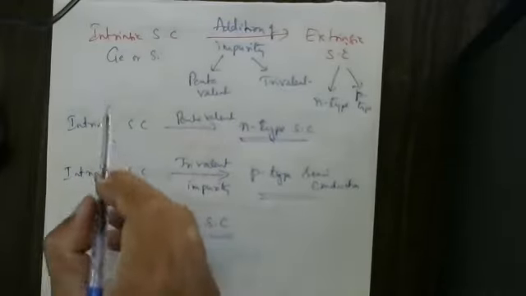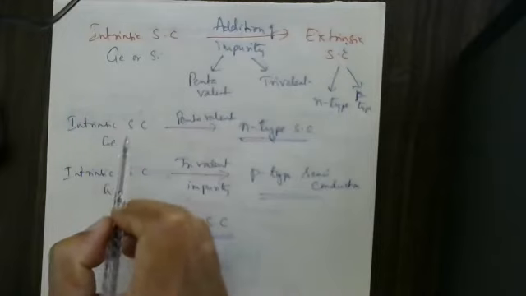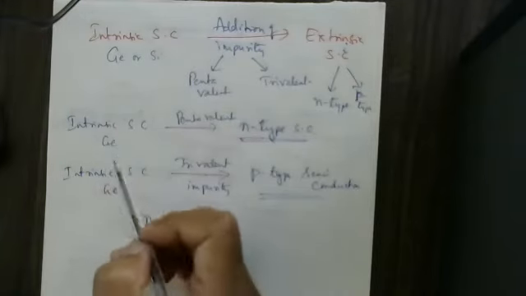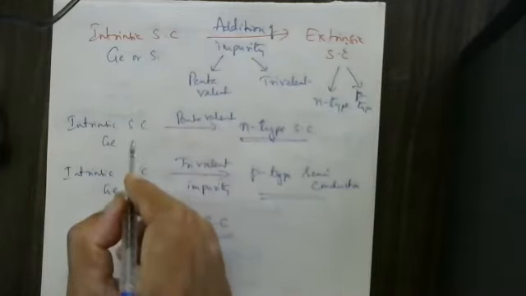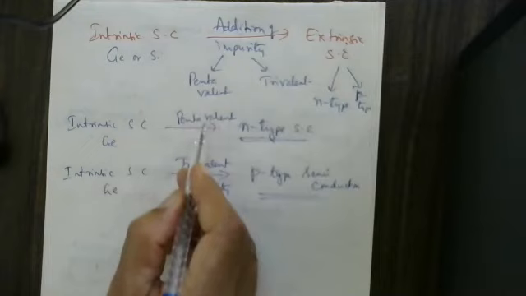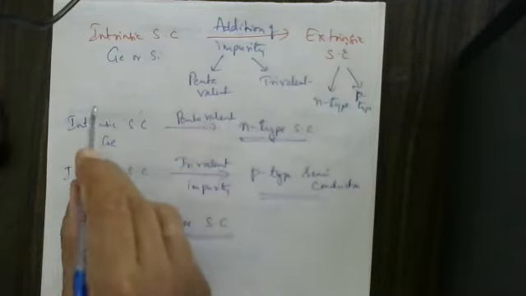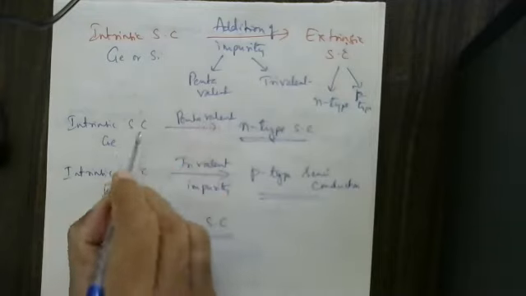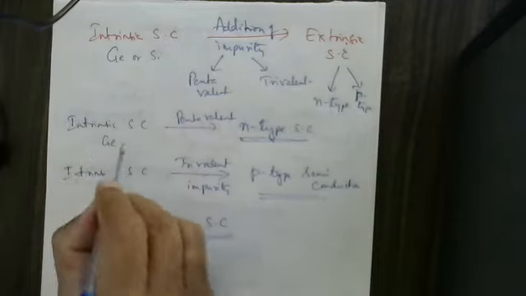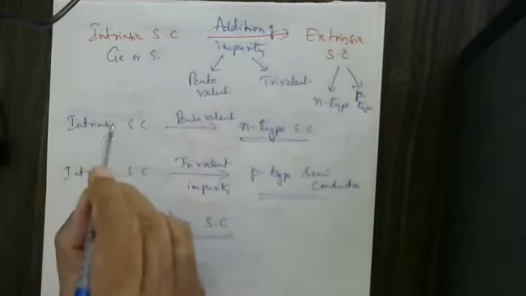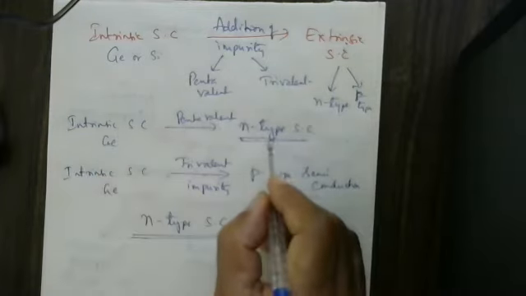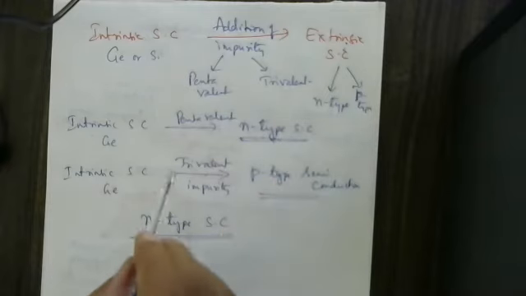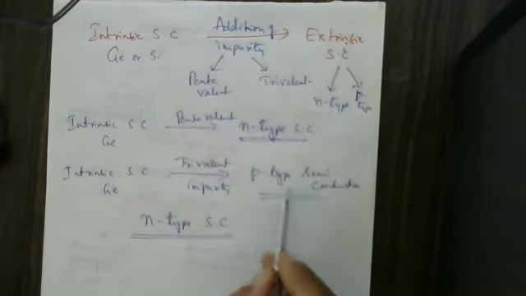For an intrinsic semiconductor, to increase the conductivity, we want to raise the conductivity by adding a pentavalent impurity. Intrinsic semiconductor conductivity is very low, and the number of electrons is equal to the number of holes. As you are adding a pentavalent impurity, what is happening here? As you are adding a trivalent impurity, what is happening here?